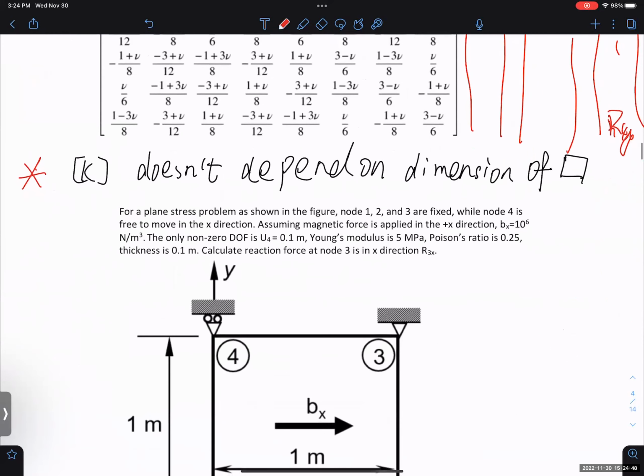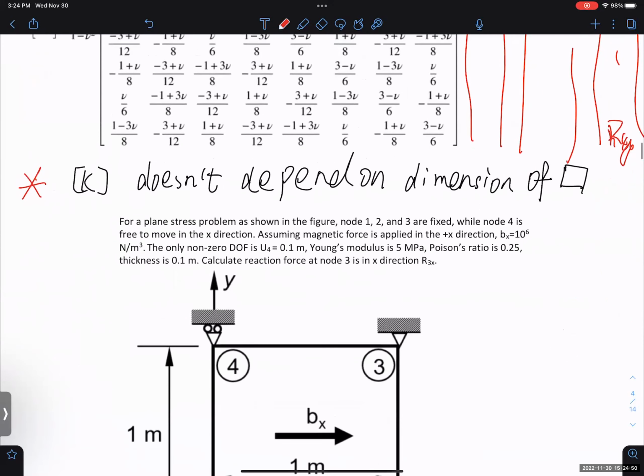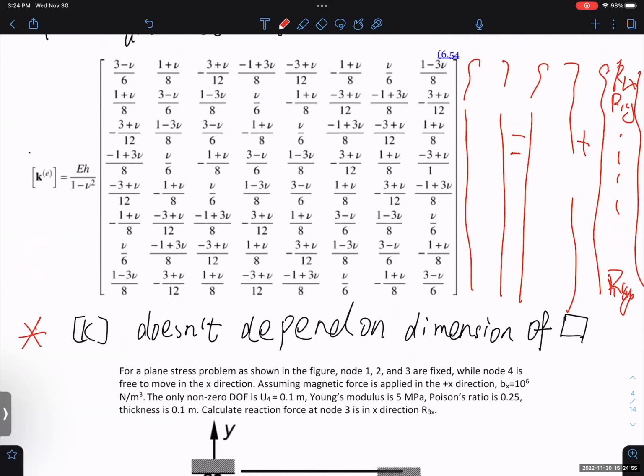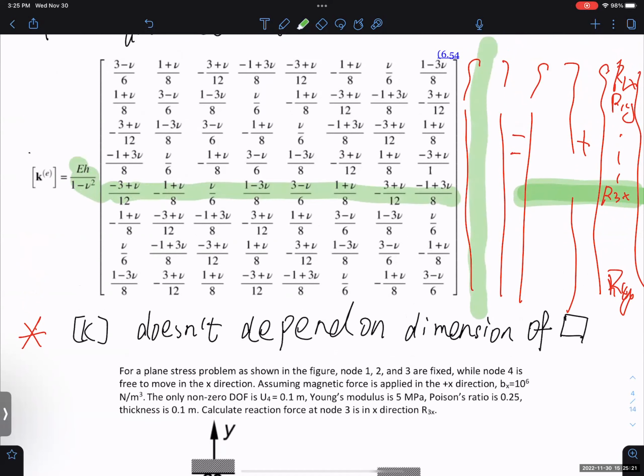And the question asked about the reaction force at node 3 in the X direction. So it should be R3X. This is something we need to calculate. And we can see here R3X is equal to this one times the nodal degrees of freedom, plus the equivalent body force.